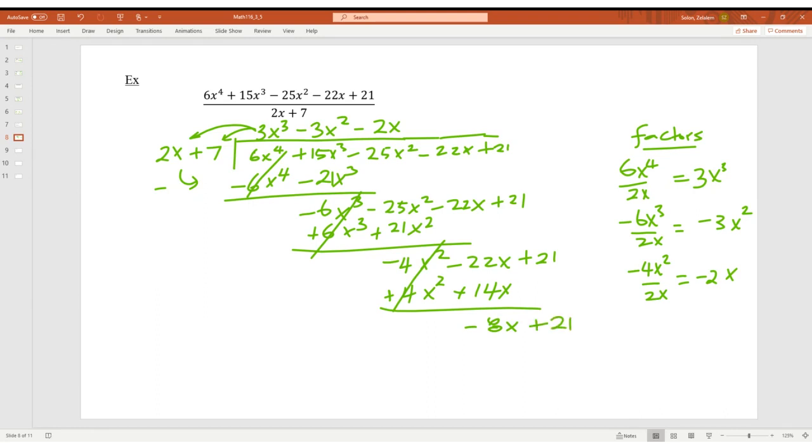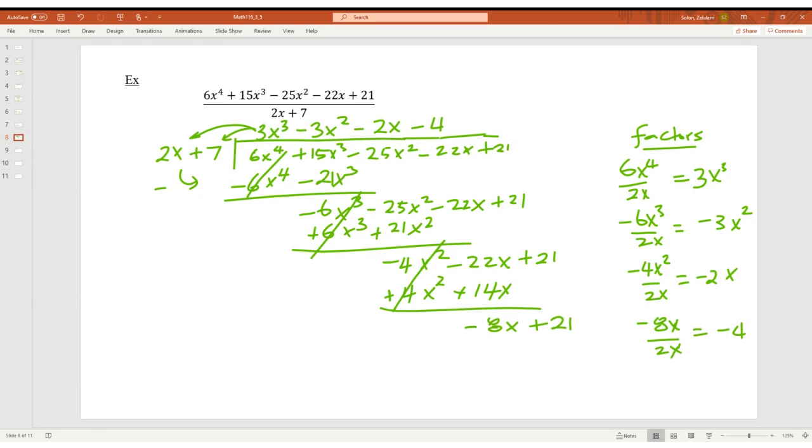So negative 8x divided by 2x again. So those would be the last factor. So negative 8 divided by 2 is negative 4. So the negative 4 goes up here.